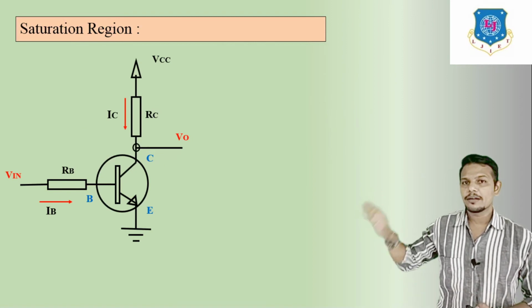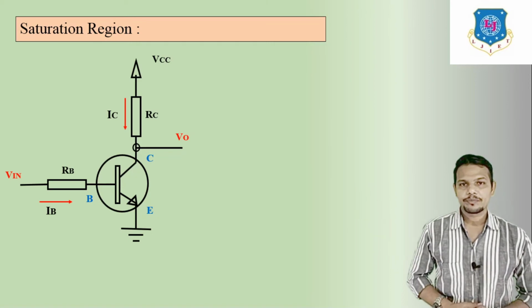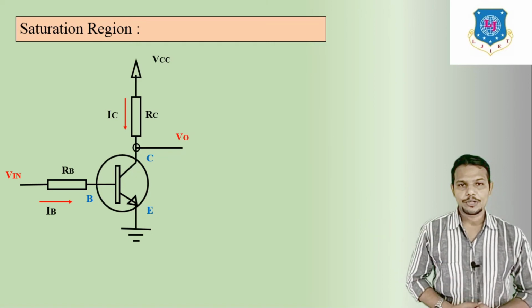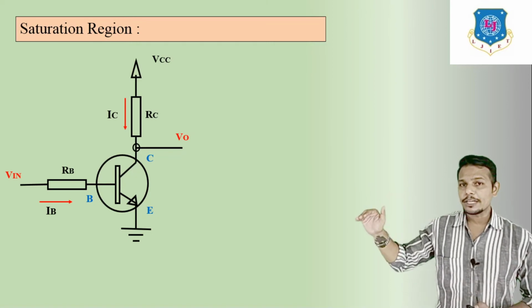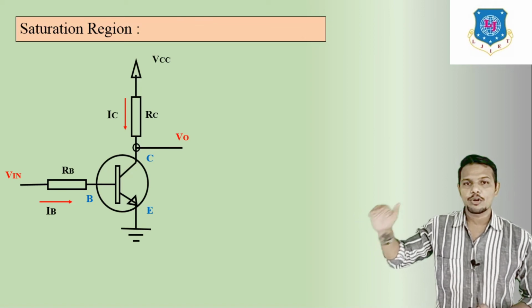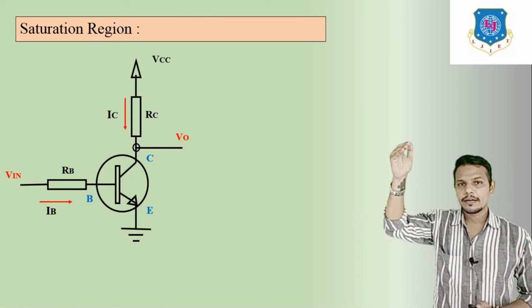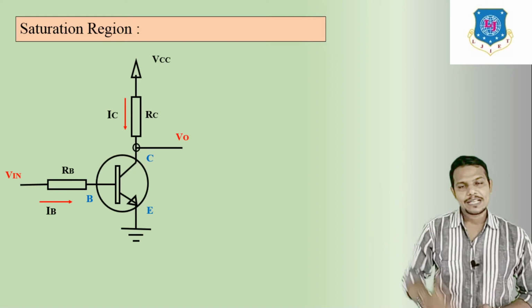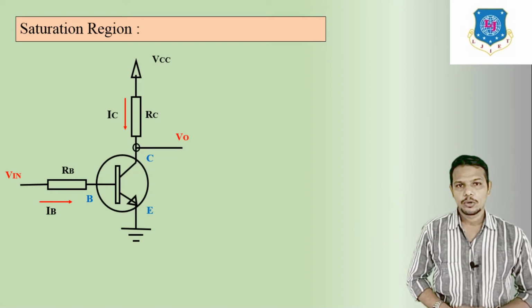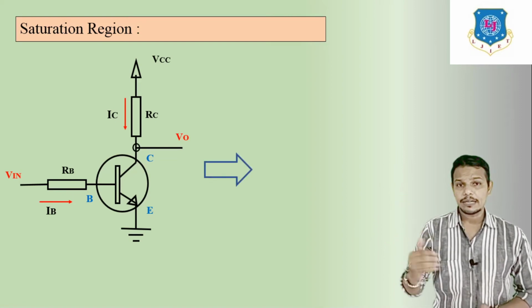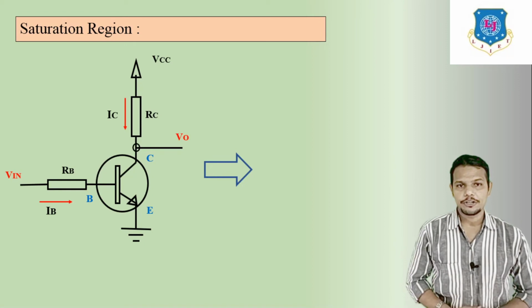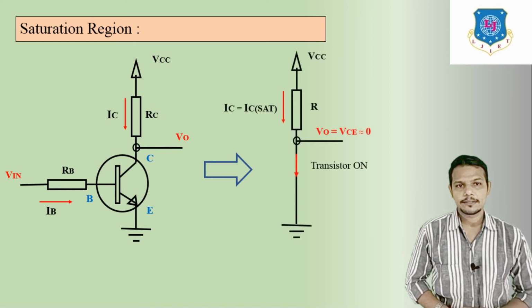We can understand this from the circuit diagram. Here this is the saturation region. If we apply VIN input voltage, that means IB flows and IC flows as well. So here we can see the equivalent circuit of this saturation region like this.